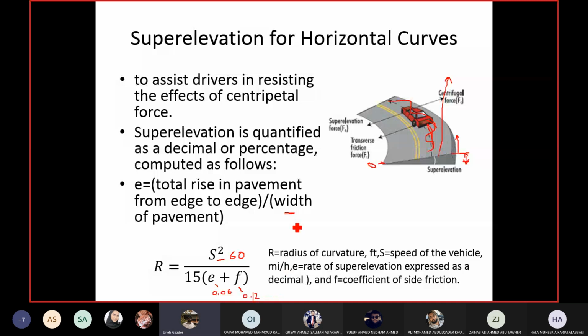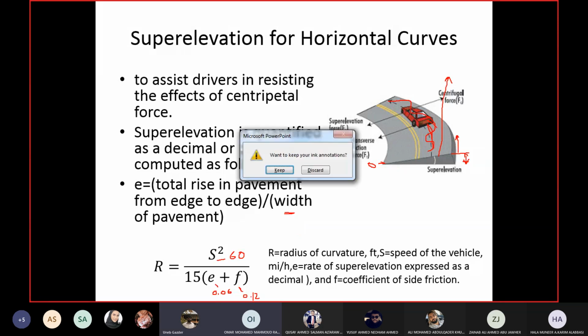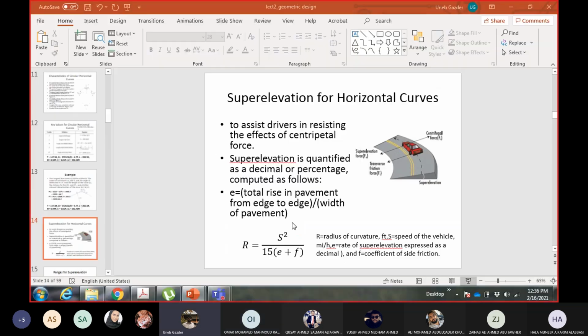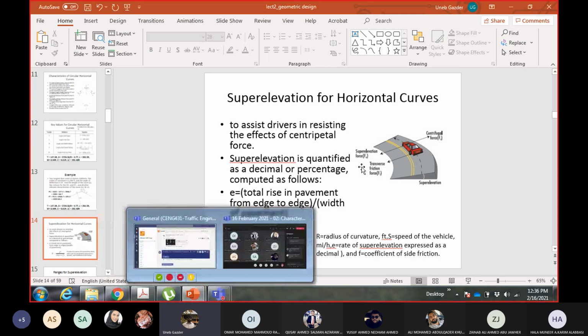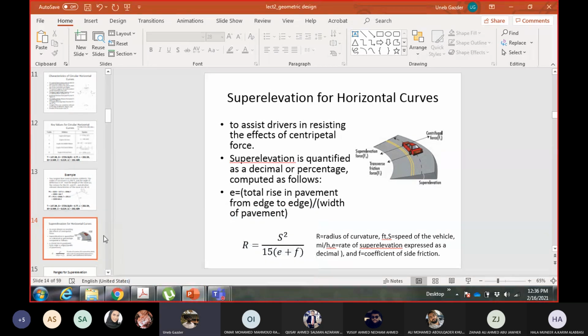So give me the radius. Radius is 1333. Okay, 133.3. So the radius is 133.3.